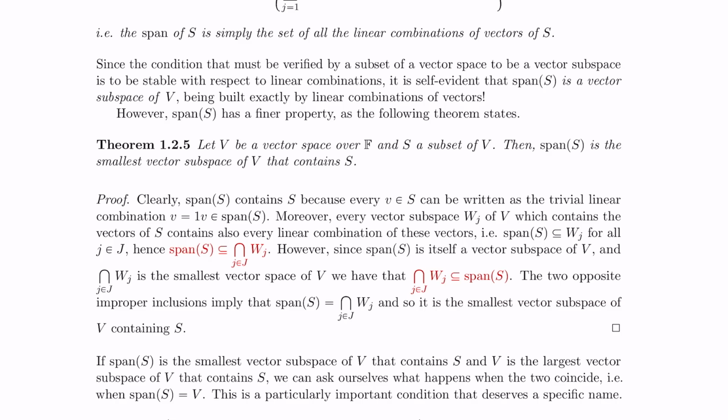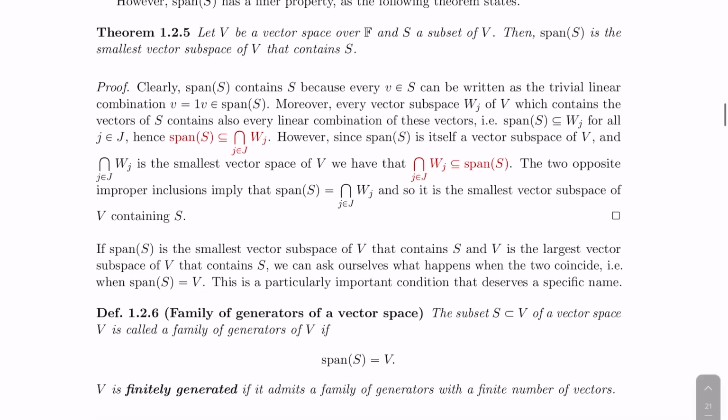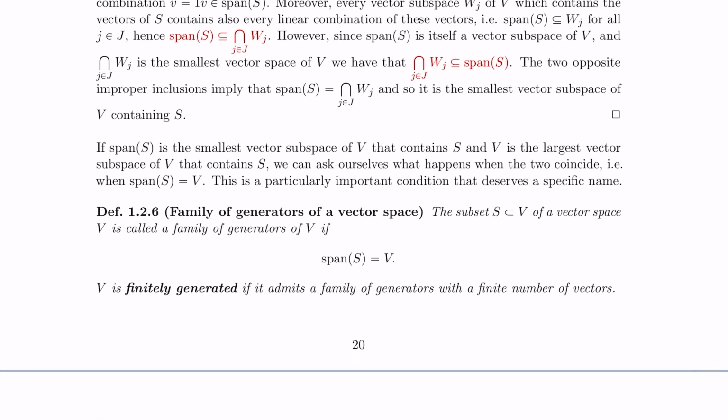The concept of span allows us to discuss the family of generators of a vector space, which is another concept that will remain with us until the end of this course. Let me introduce the concept of family of generators with this consideration.